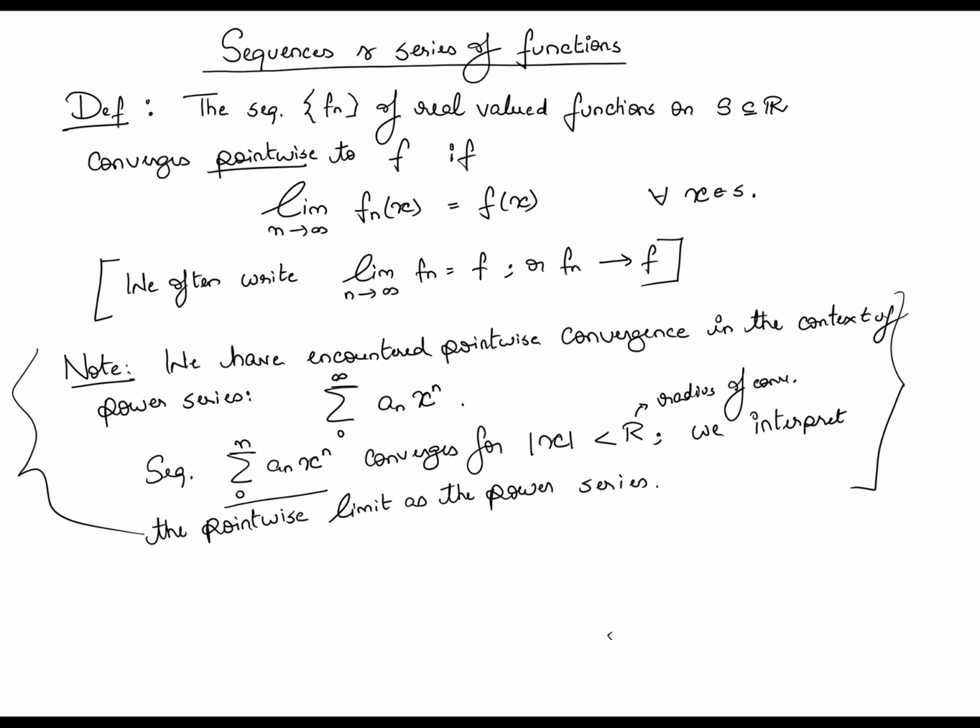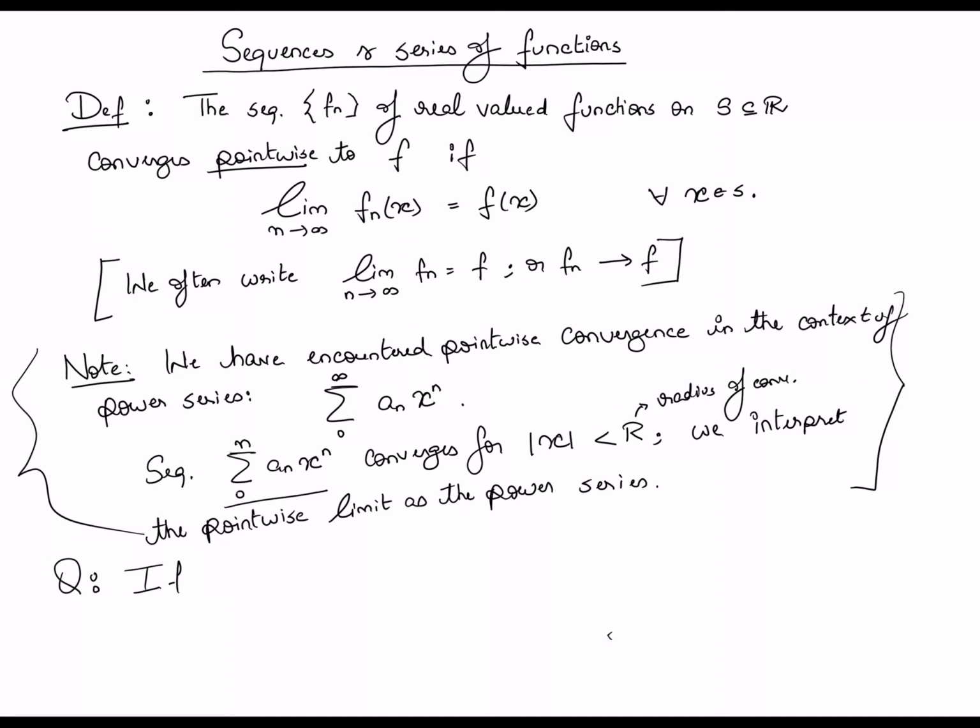Now, the first question we are going to ask in the context of pointwise convergence is the following. If I know some structural information about the sequence of functions fn, can I infer something about the structural properties of the limit function? In particular, our first question is going to be about continuity.